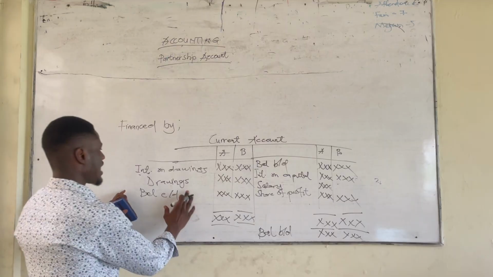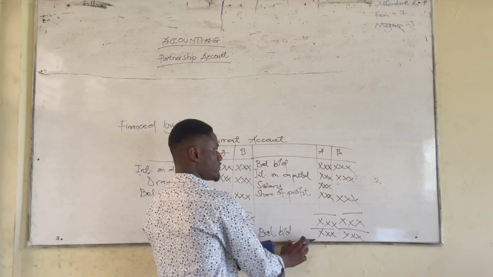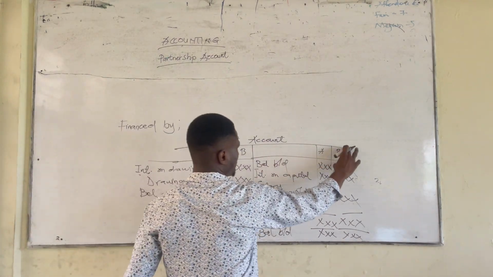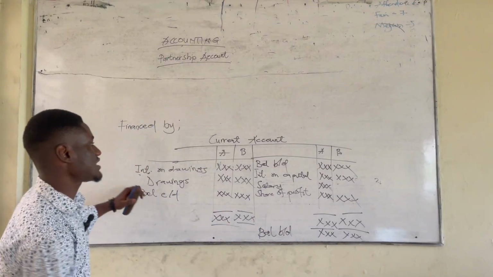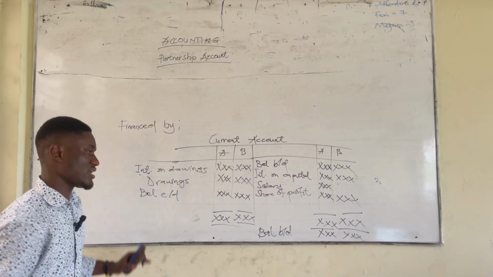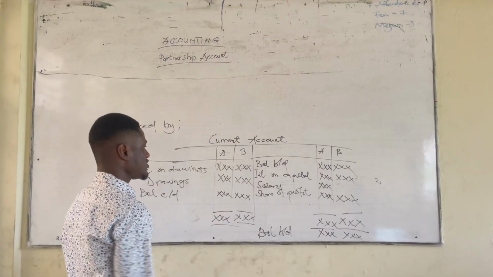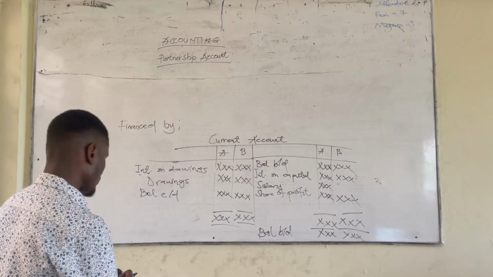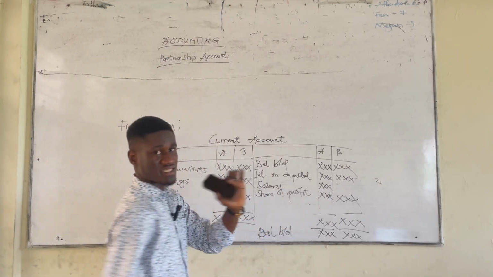That means we will get our balance CD here for partner A and our balance BD here for partner A. But if we check and partner B's amount at the credit side is less than the amount of partner B at the debit side, which means partner B's amount here at the debit side is greater than partner B's amount here at the credit side. That means we are going to get a balance CD here for partner B.